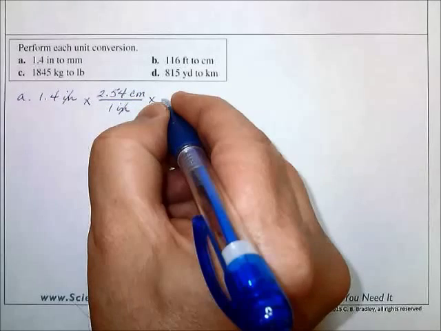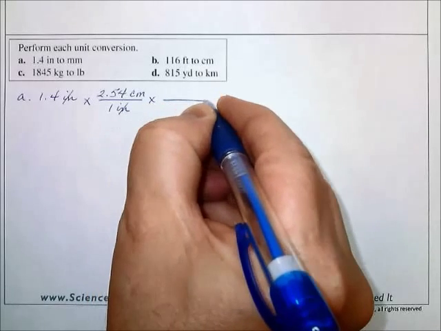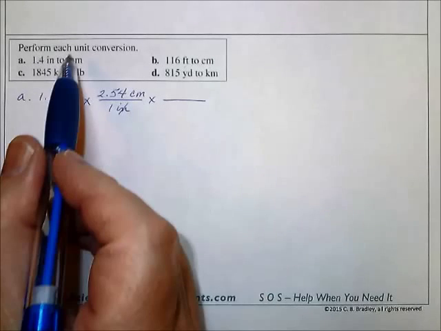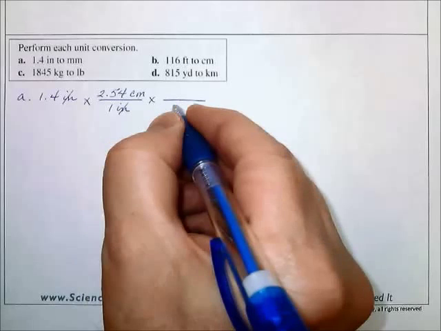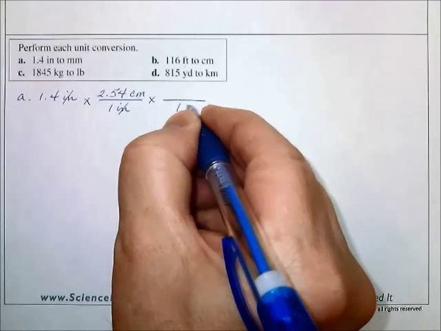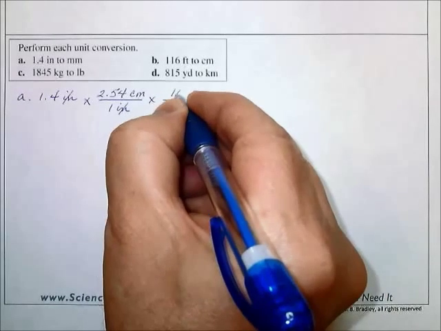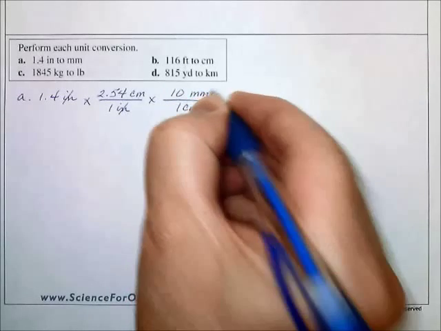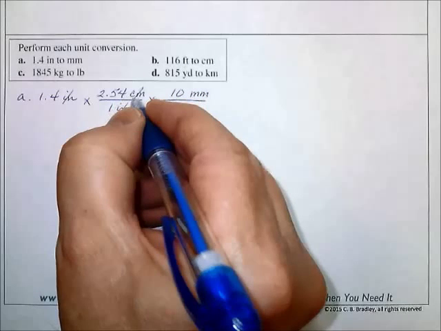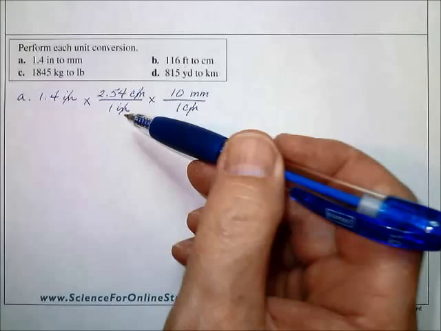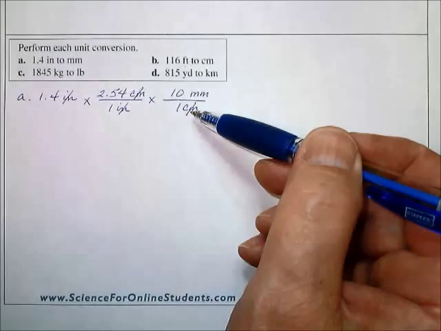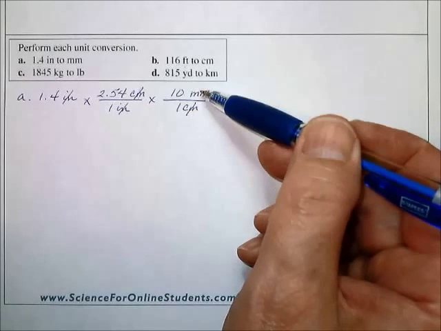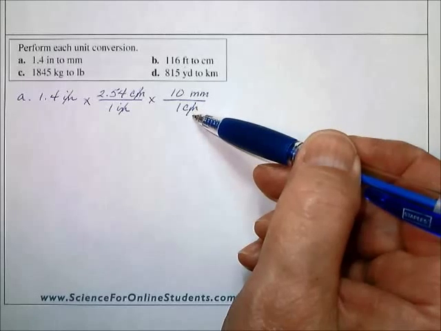Inches cancel. Now we go from centimeters to millimeters. 1 centimeter is 10 millimeters. Centimeters cancel.